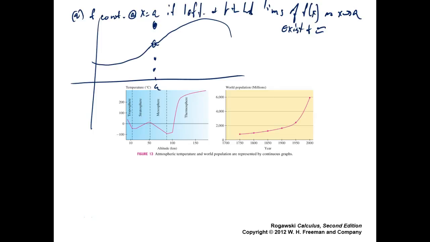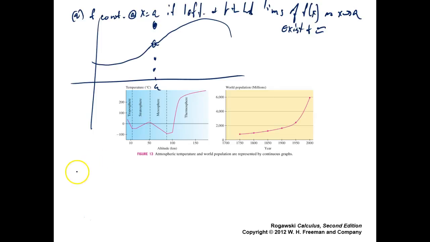So you would also have to have the statement that the limit of f of x exists and is f of a. You would have to have that statement in there.